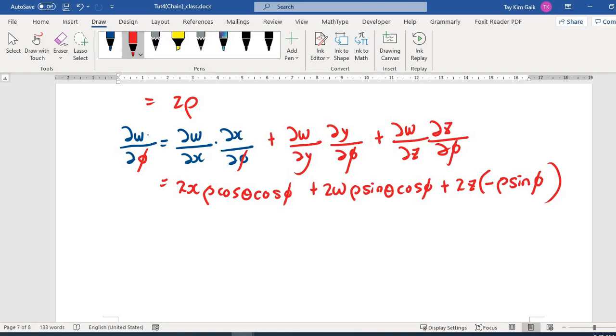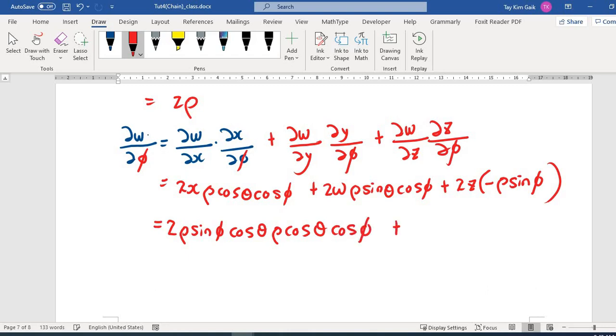Then to simplify, we plug in x, y, z, which are actually the spherical coordinates, if you learn them in the next chapter. X is rho sin phi cos theta, so we multiply by rho cos theta cos phi.